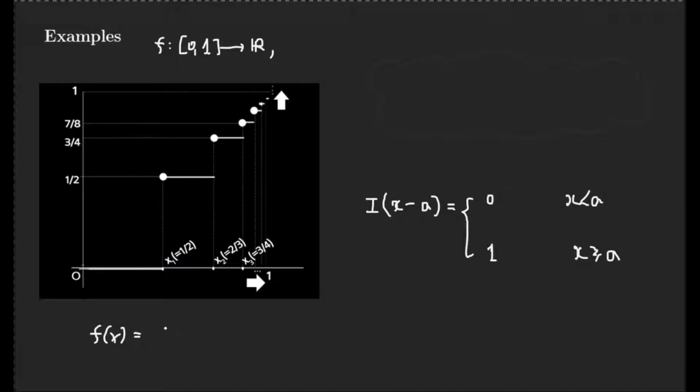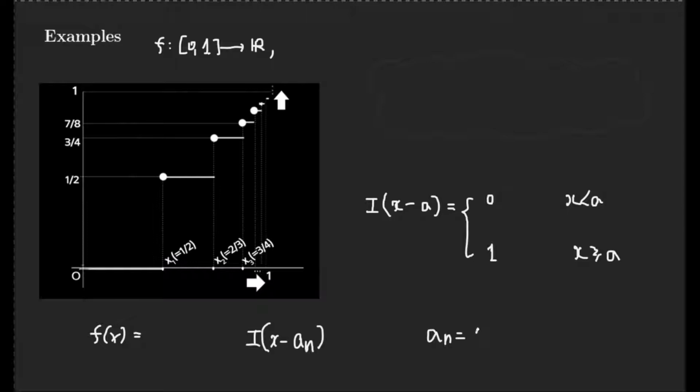The graph is first I(x minus a_n), where a_n is a defined sequence. Originally a is a fixed number, but in this case it is a sequence.